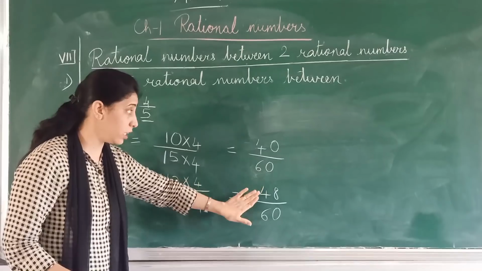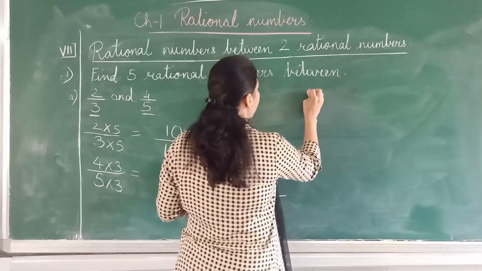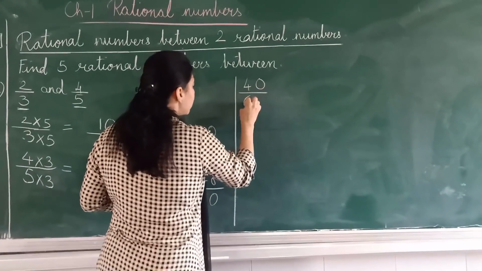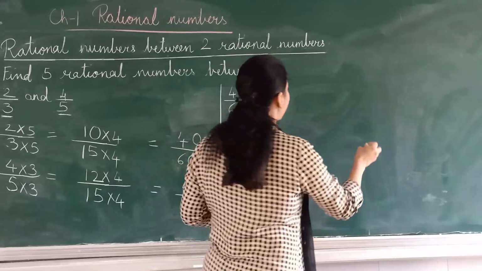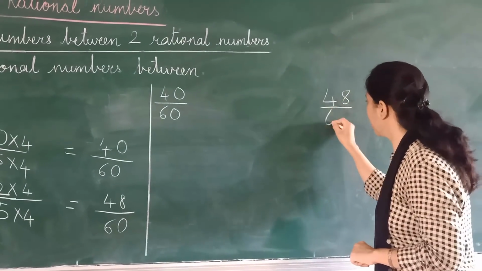Now we are going to take these two rational numbers. We are not going to take this rational number. So 40 upon 60 and 48 upon 60, I will write here.